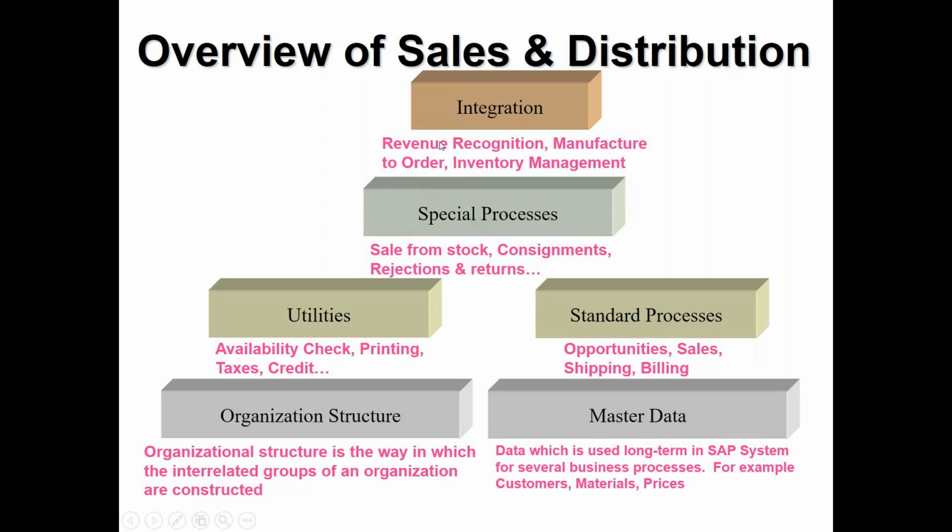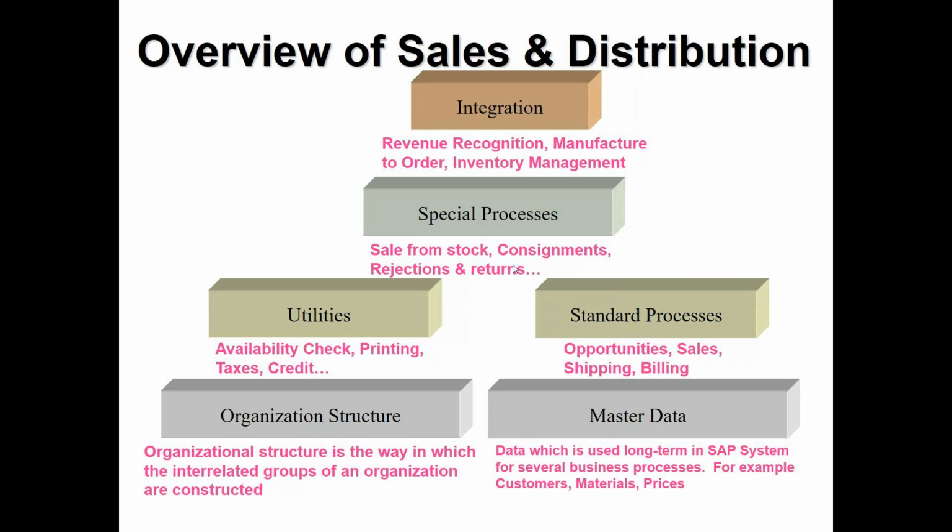Then comes inventory management, which is more about stock management: sale from stock, then rejections and returns. We should know how they work, because in MM we reject and send it to the vendor, in SD we take back damages from the customer. One is customer thinking, the other is vendor thinking.